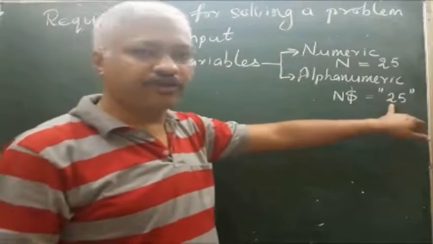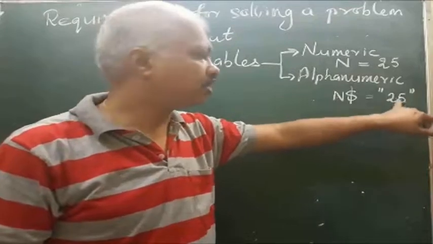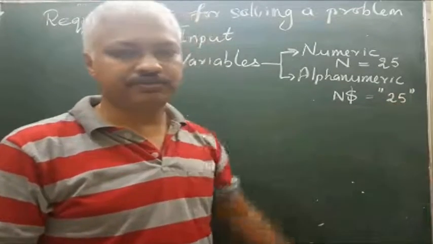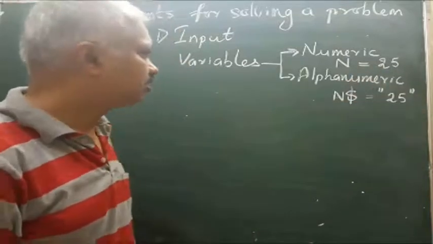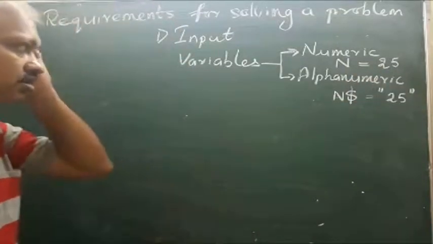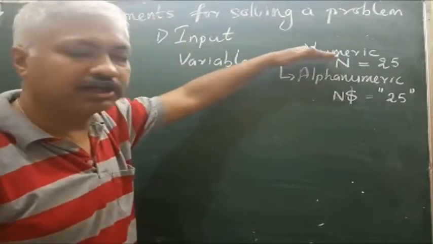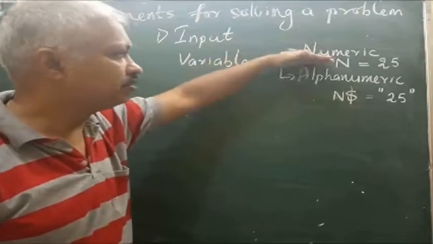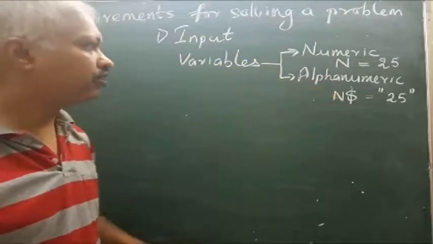Now here this 25 is not a number, it is a string because we have put it within double quotes, and this 25 is a number. So dear students, while declaring the variable, you have to categorize whether it is a numeric variable or an alphanumeric variable in case of QBasic.